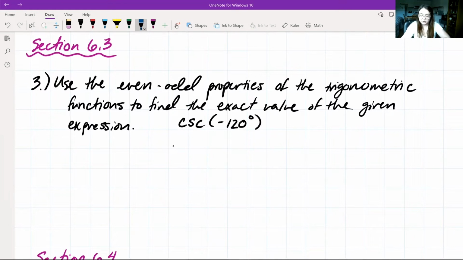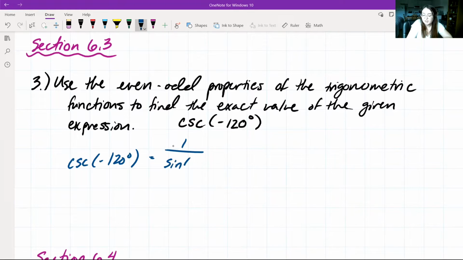When we use our even-odd properties of cosecant, we know that cosecant also refers to sine. So cosecant of negative 120 degrees is the same thing as 1 over sine of negative 120 degrees.